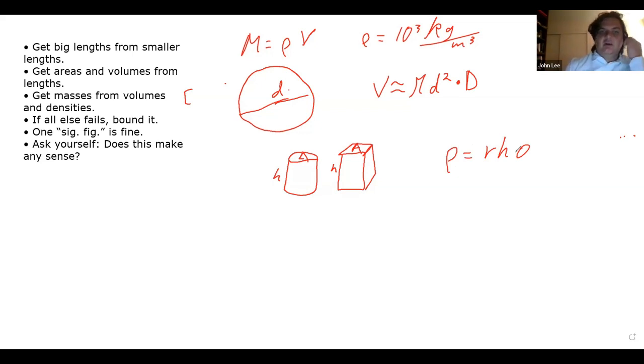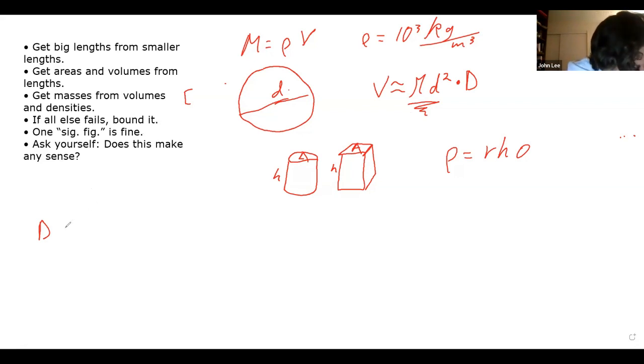So all that's left to do now, the only thing that we need to know, we have pi d squared. We need to know the depth of the ocean. We know that the maximum of the depth, if all else fails, bound it.